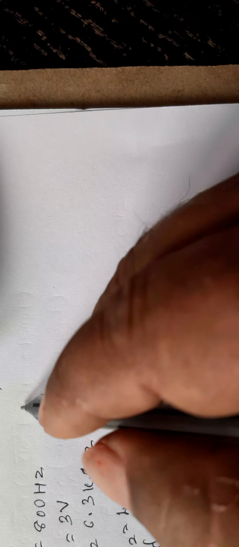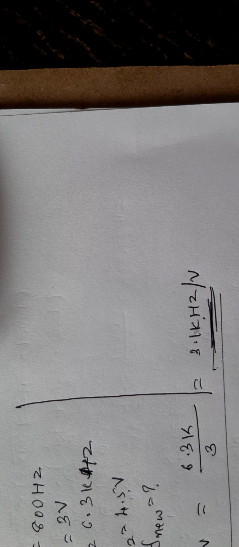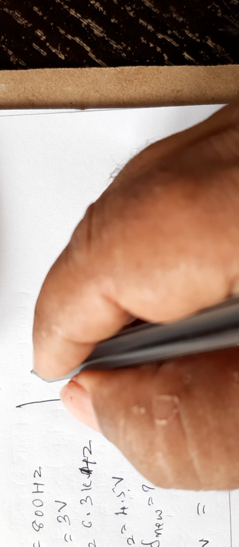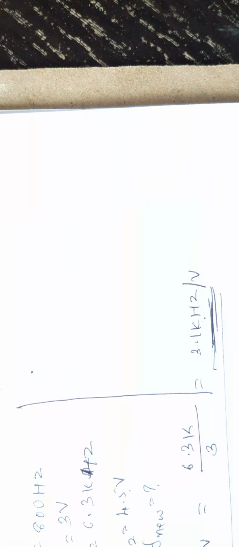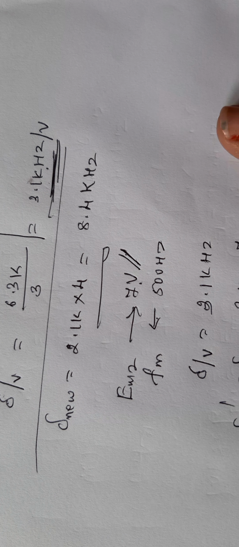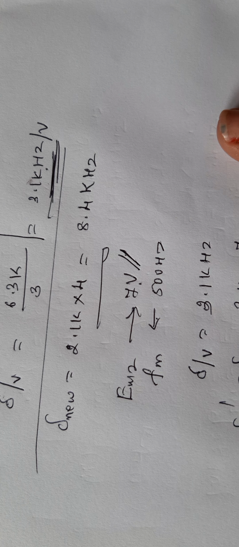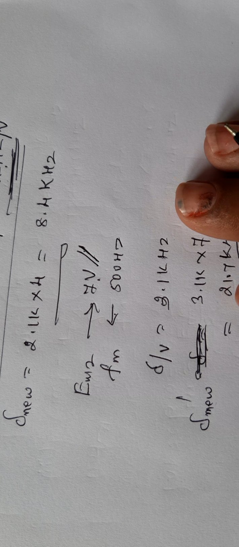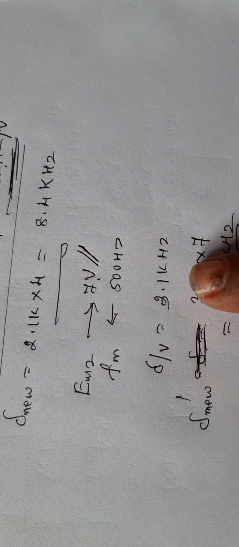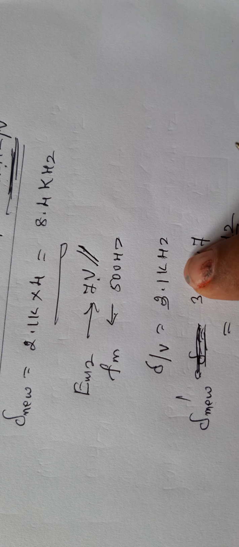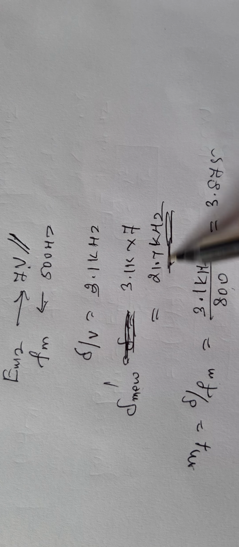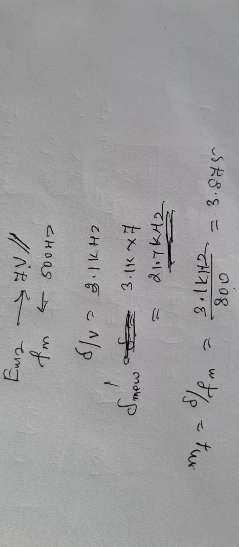What is MF for the second? What is the modulating voltage? The modulating voltage was 7 volts. Therefore, the new frequency deviation for that is 7 volts times the deviation per volt. For the second one, the new deviation is 21.7 kilohertz.